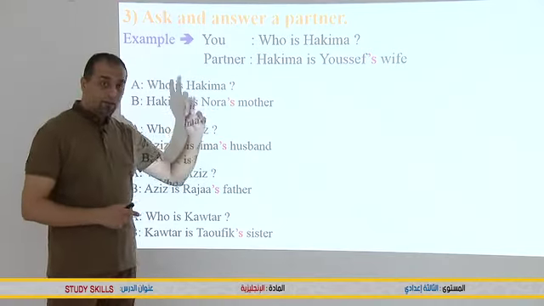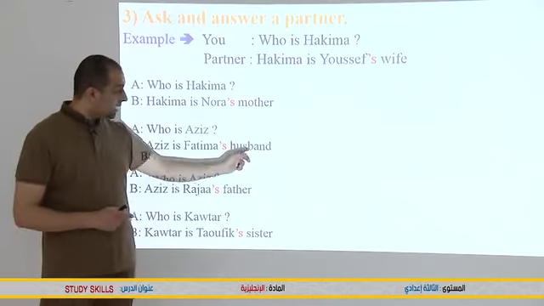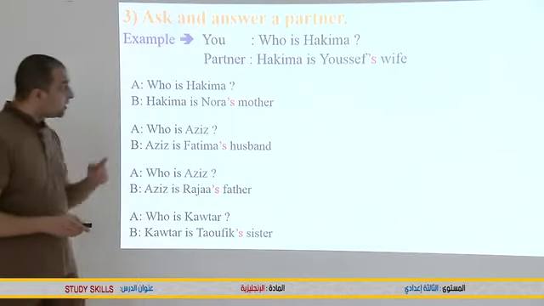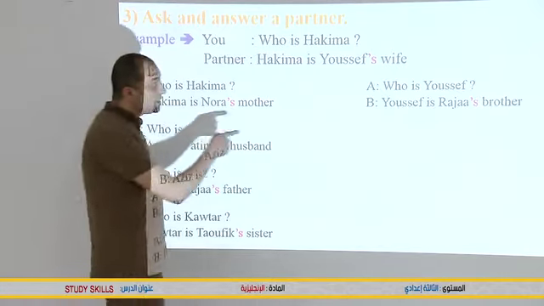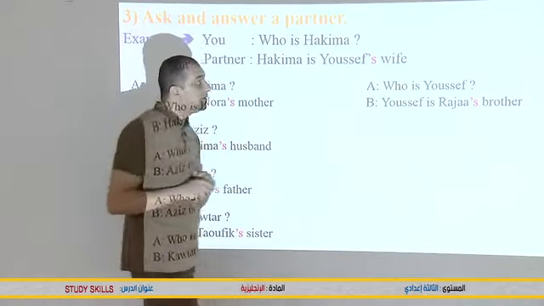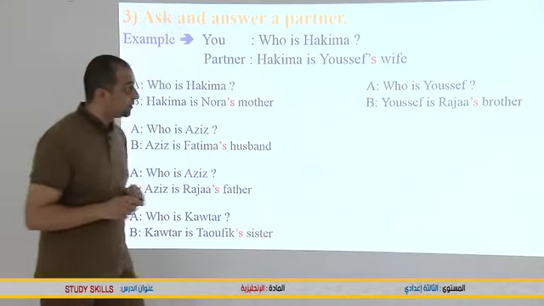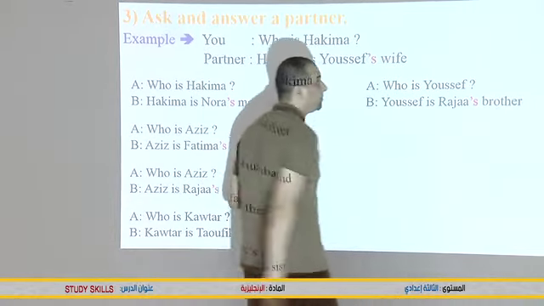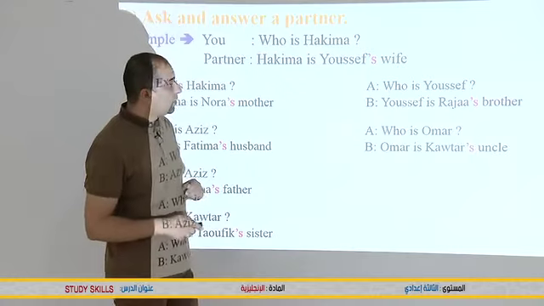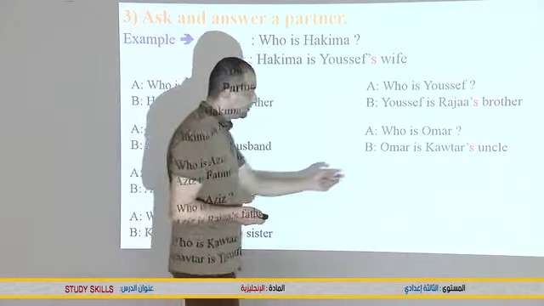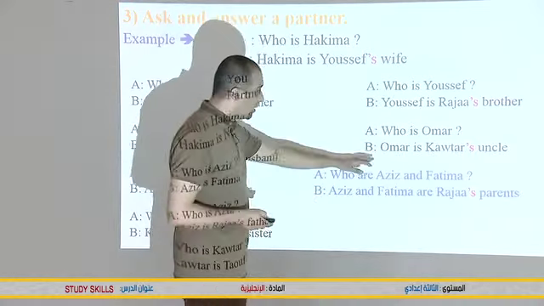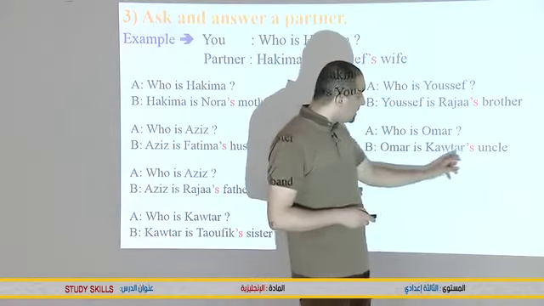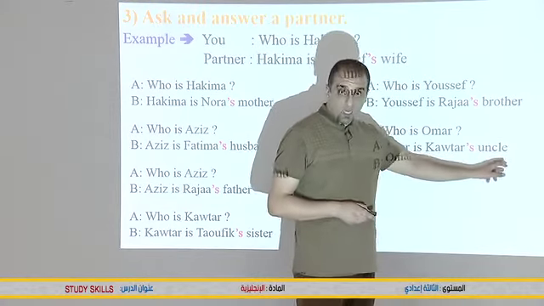Hakima, mother, feminine. Aziz, husband, masculine. Another example, who is Yusuf? Yusuf is Raja's brother. So as you can see here, Yusuf, brother. Who is Omar, in relation to Kautar? Sorry, Omar is Kautar's uncle.